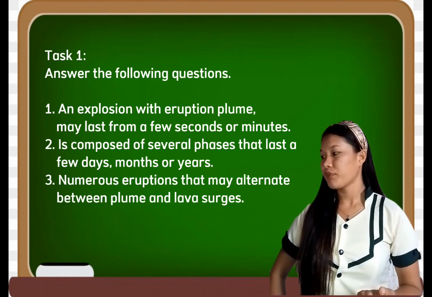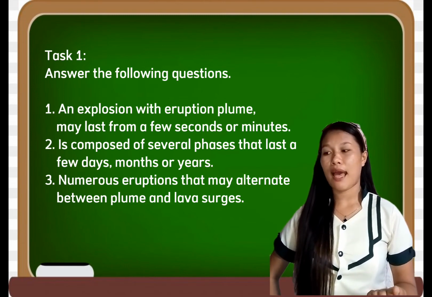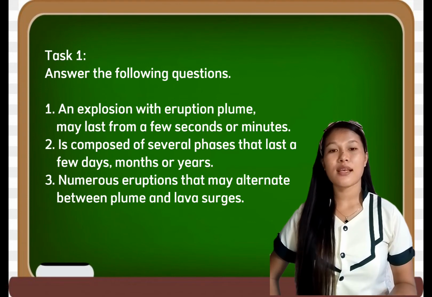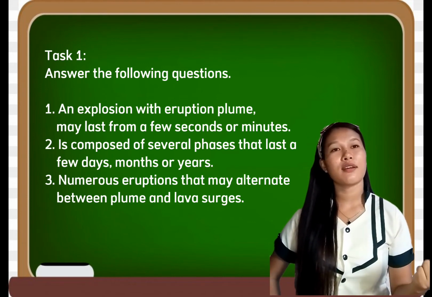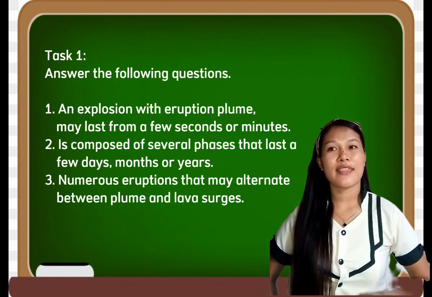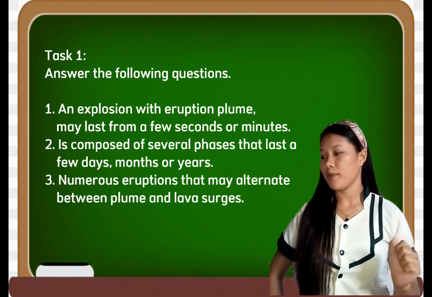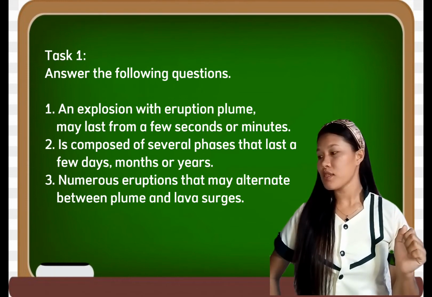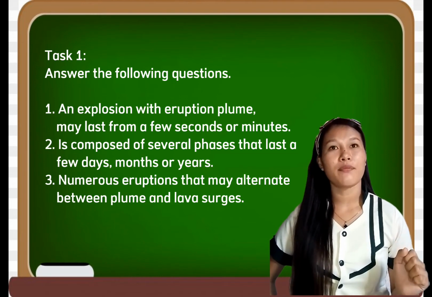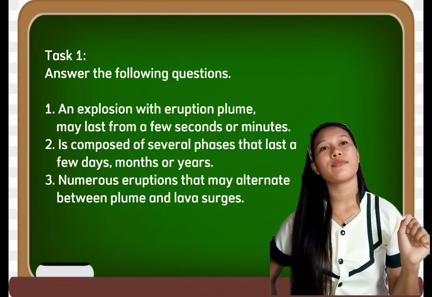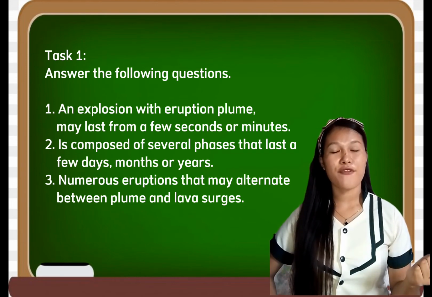Number 2, it is composed of several phases that may last few days, months, and years. What is the answer? Okay, Mark. Very good. It is the eruptive episode. Number 3, it is numerous eruptions that may alternate between plume and lava. What's the answer, Jane? Very good. It is the eruptive phase.